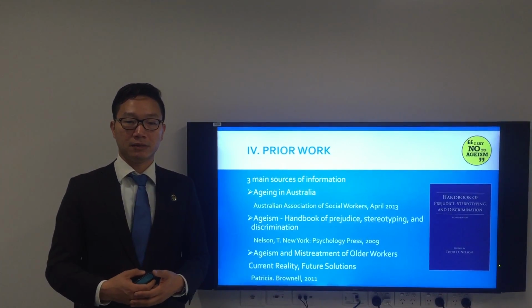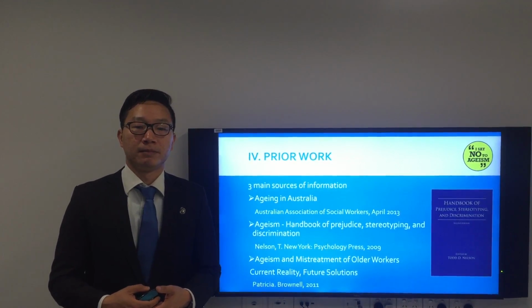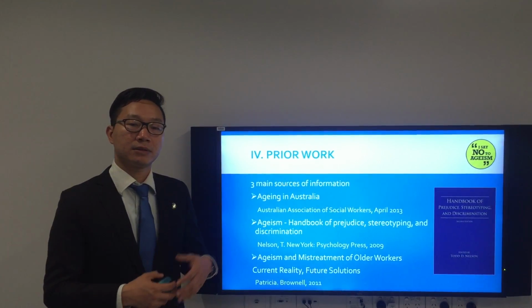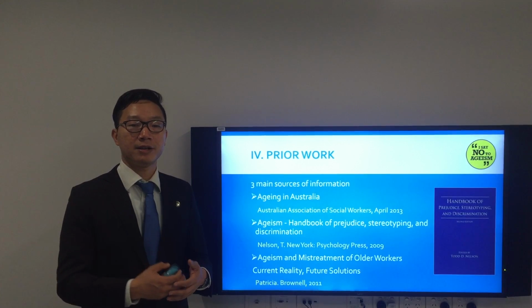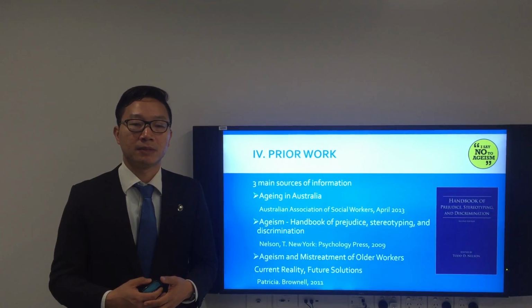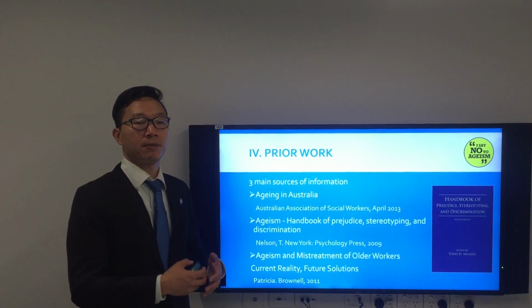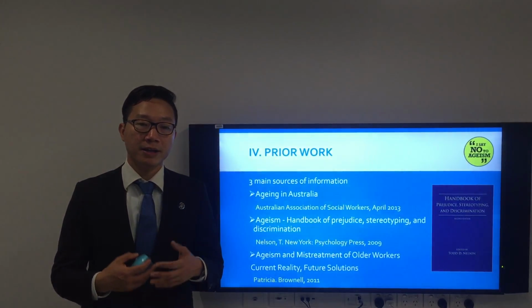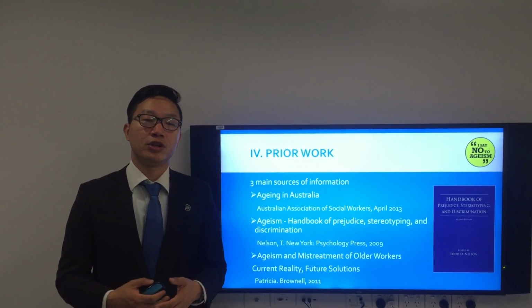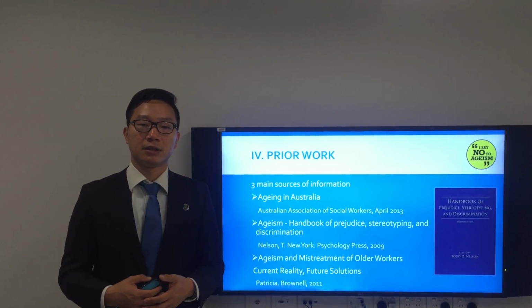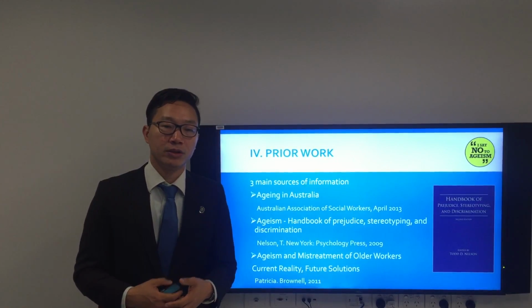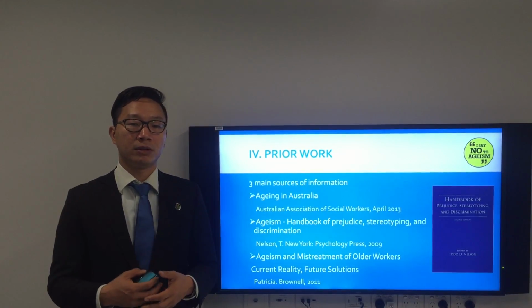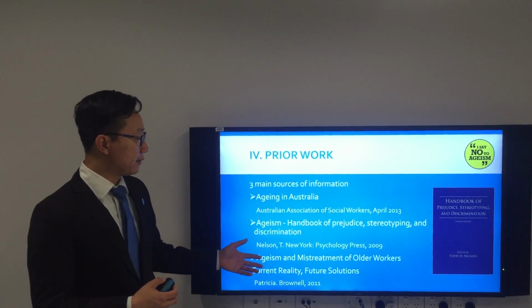Secondly, a handbook of prejudice, stereotyping and discrimination, which was published by Psychology Press in 2009. Thirdly, Ageism and Mistreatment of Older Workers: Current Reality, which was published by Brawler in 2011.